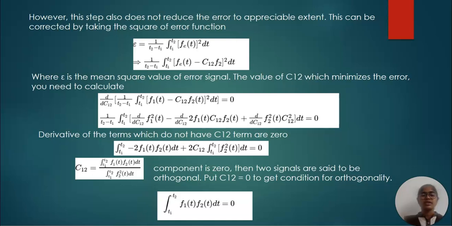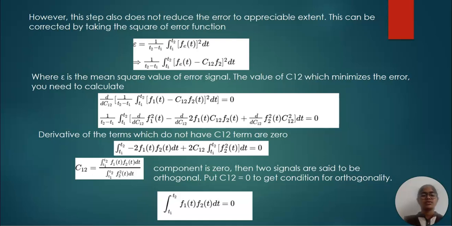Let us do the derivation. The integration of the derivative of terms which do not have the C12 term is 0, and C12 equal to integral of t1 to t2 f1 of t f2 of t dt by integral t1 to t2 f2 square of t dt.